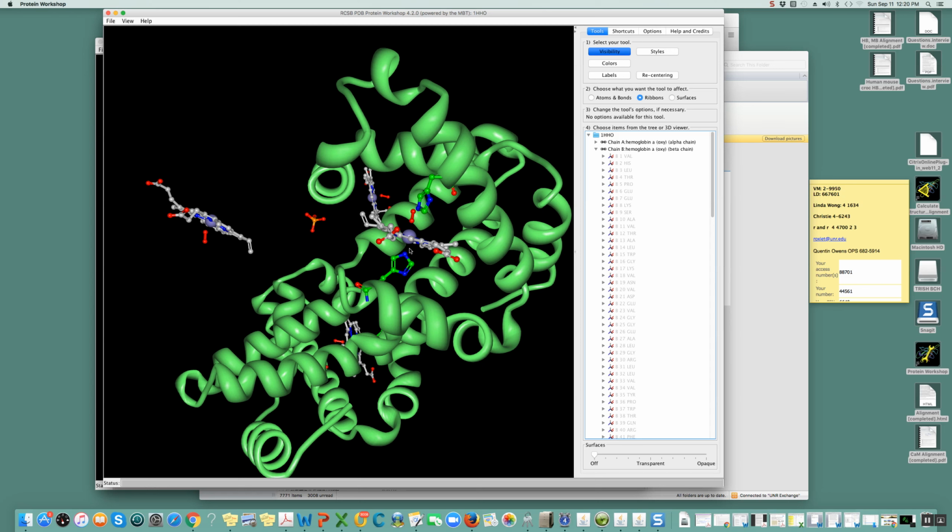So we have a proximal histidine, which is histidine 92 in this sequence, and then we have a distal histidine, which is histidine 63. And nestling between the distal histidine and the iron atom, you can see that a molecule of oxygen is bound in there.